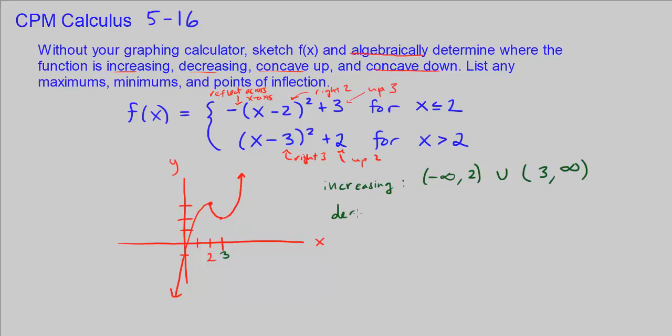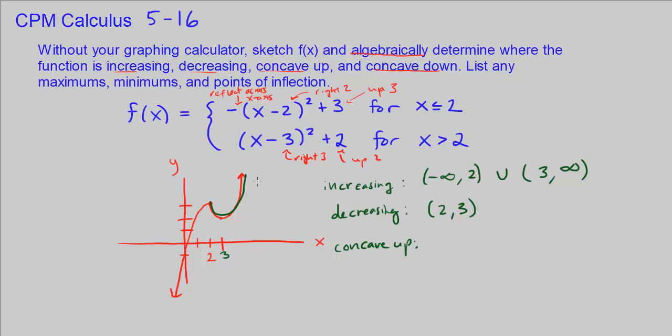Decreasing next, we see it's only decreasing from 2 to 3. Everywhere else it's increasing. So we can write 2 to 3, excluding the endpoints. Concave up, we can go ahead and write that. Here it's concave down.